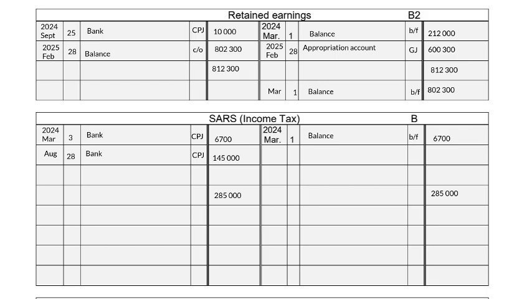So what is the payment that I need to make on the 25th of February? 285,000 minus 145,000 gives me 140,000 to be paid. So on the debit side, the next year, 2025, February, and it's on the 25th that we're making the payments.